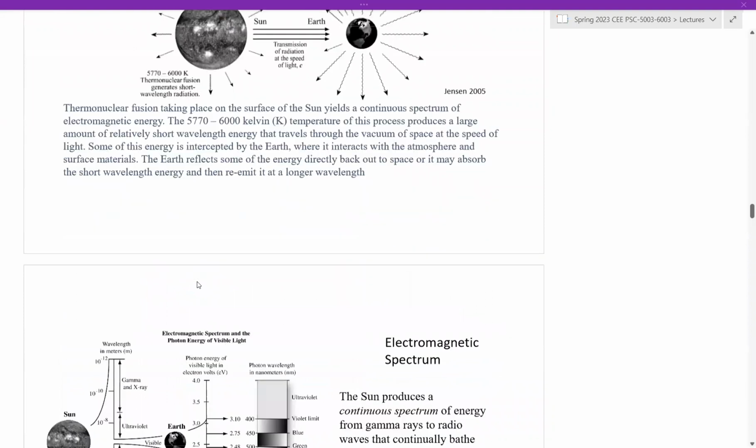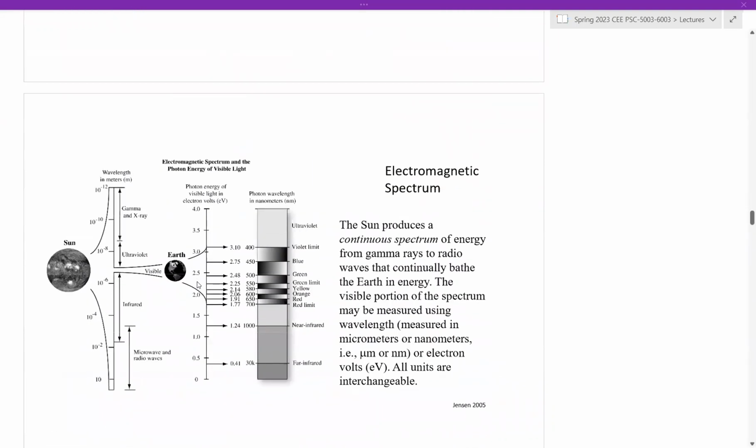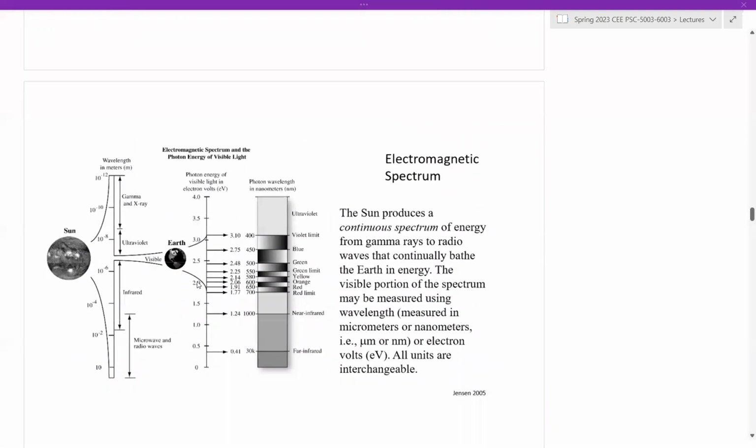So let me show you, I think here it is. The sun will produce gamma and X-rays, microwaves and radio waves. And there is this tiny fraction there, very tiny, that we use to see in this environment. And here come the numbers.